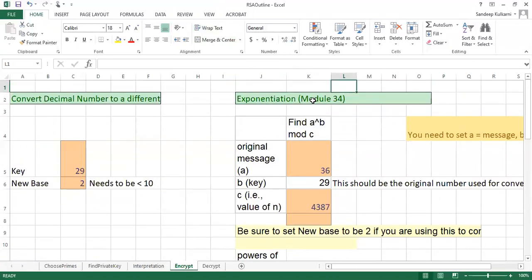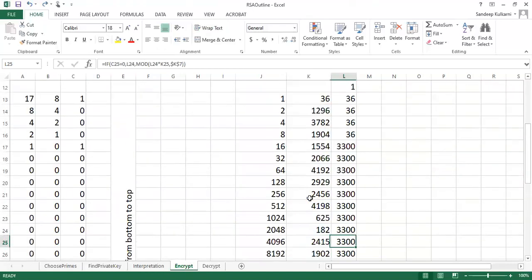Note that if you change this number on this sheet, that is going to potentially break the rest of the sheets because this number may not be copied back into the right places. But you are okay to do that if you just want to try out what this sheet is doing. Okay, so what we got at the end of the day is that the encrypted value is 3300.